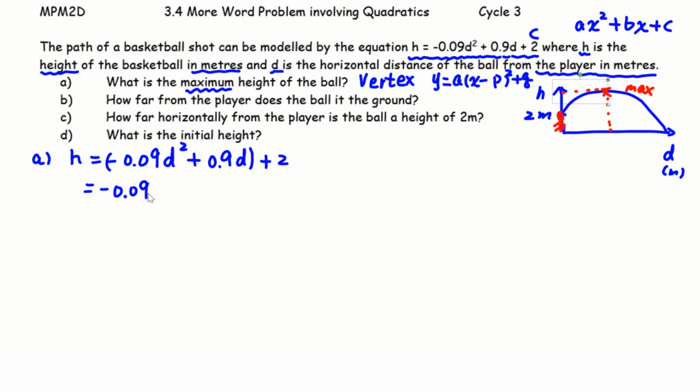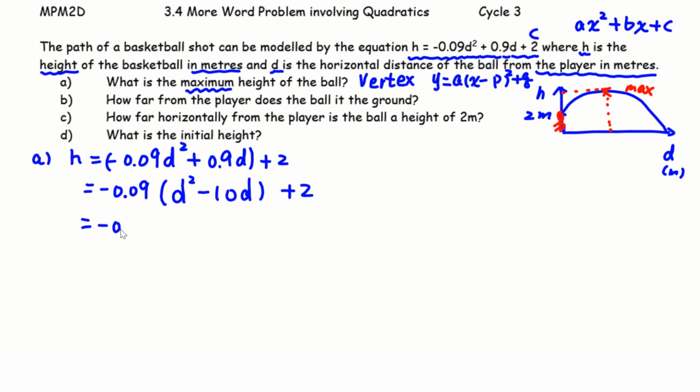So take the negative 0.09 out means each term in the bracket divided by negative 0.09. So you will have d squared in the brackets. On the second term, you do the division, you will have negative 10d. The constant, we just leave it outside of the bracket.